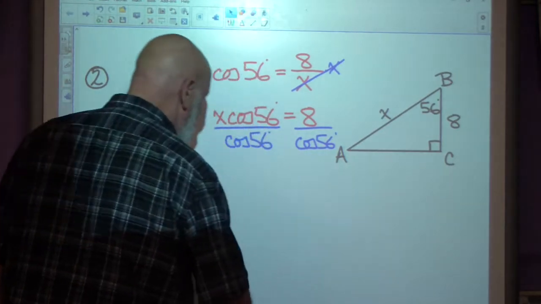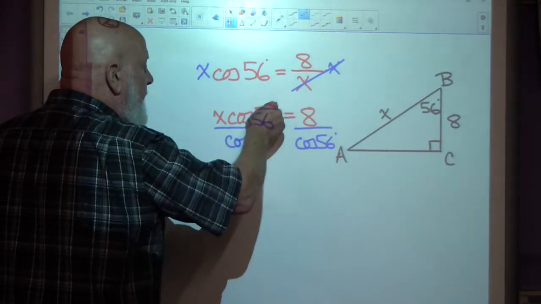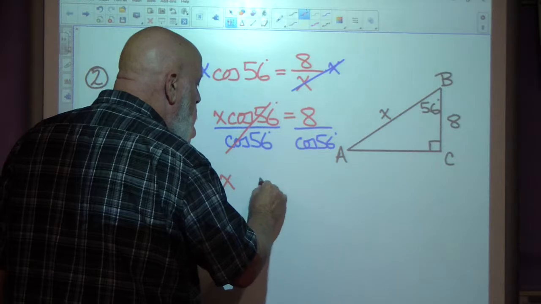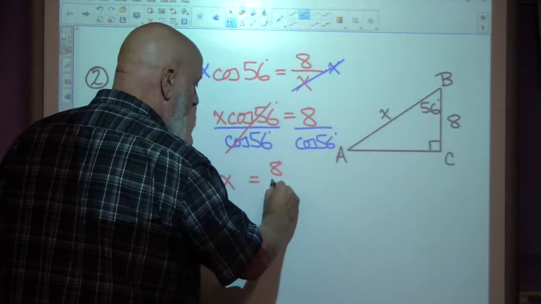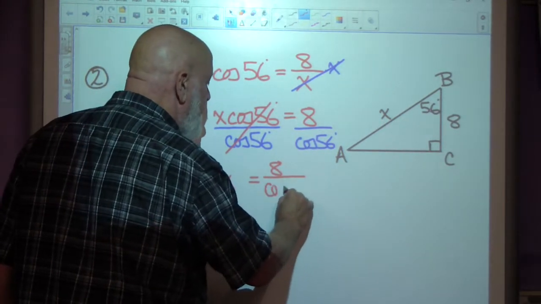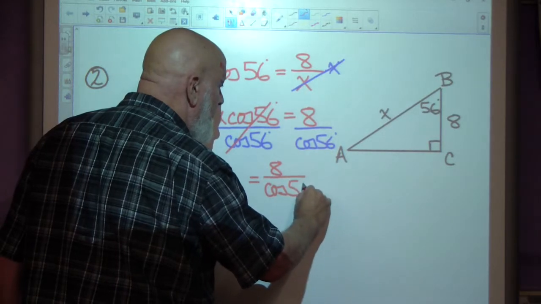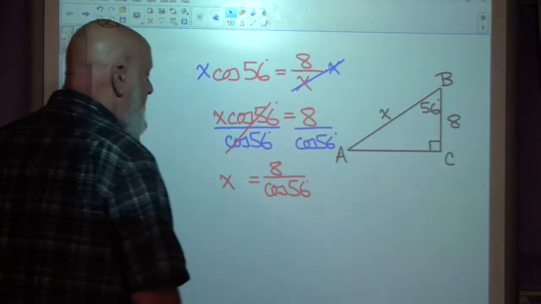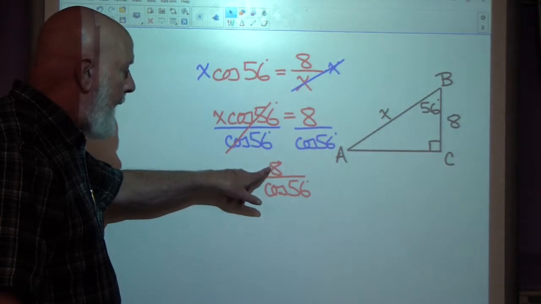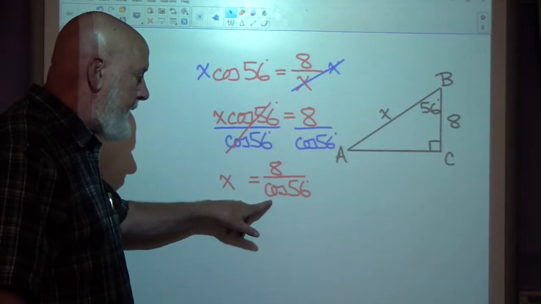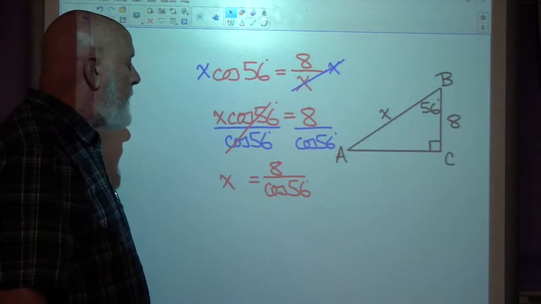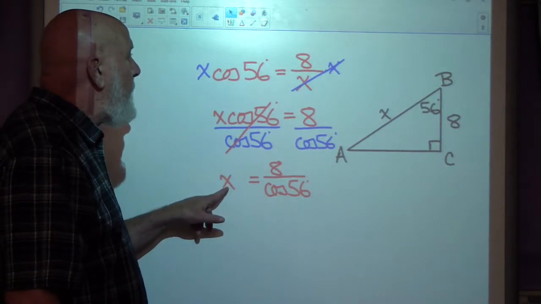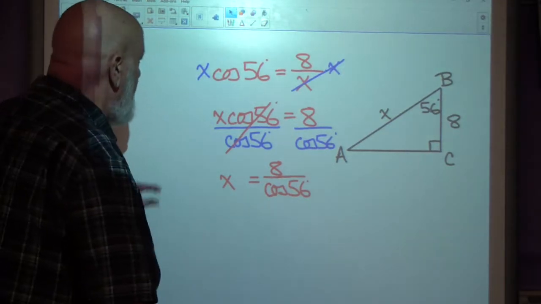And that will yield x, these cancel, equals 8 divided by the cosine of 56. And then I could take my calculator and go 8 divided by cosine 56, enter, and it would give me a value that I would then round to the nearest tenth because that's what I'm told to do.